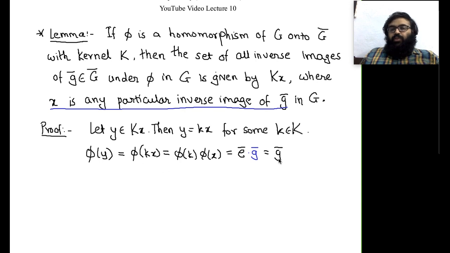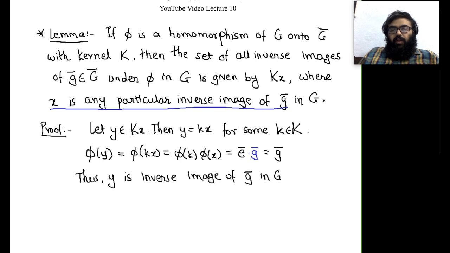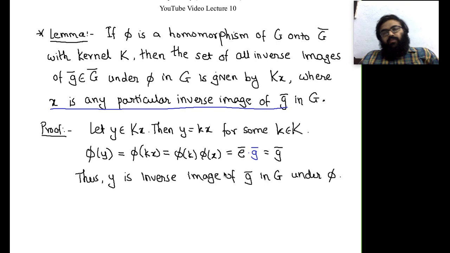So phi of y equals G bar, that means y is an inverse image of G bar in G under the map phi. So we started with an arbitrary element of Kx, and it is an inverse image of this. So all the elements of Kx are inverse images of G bar.